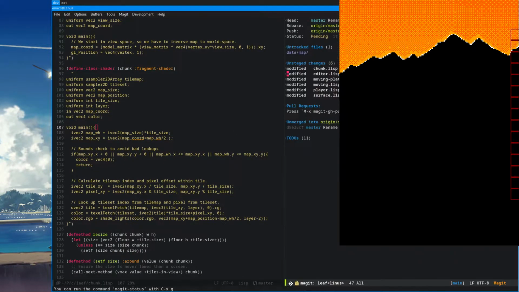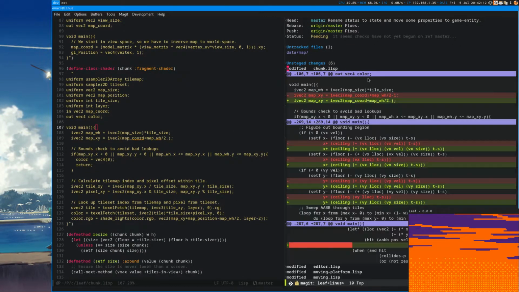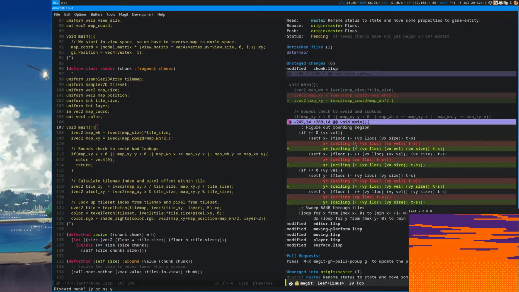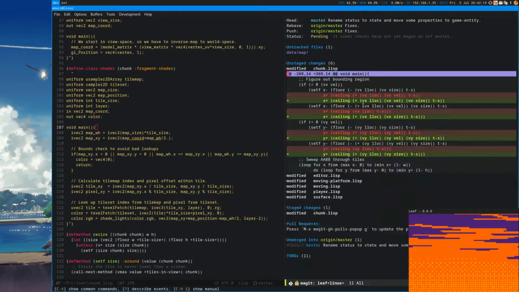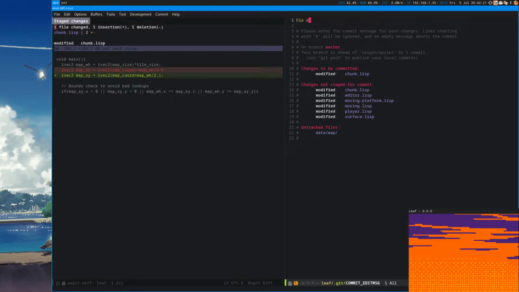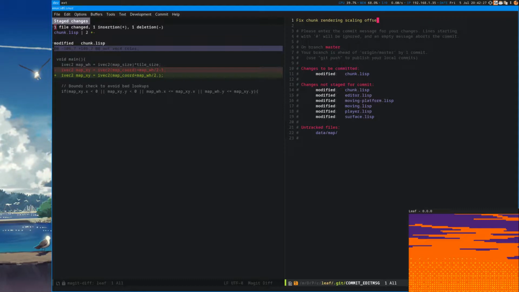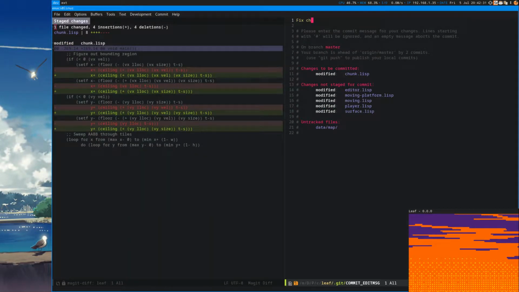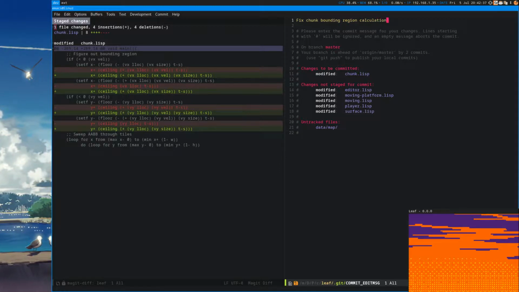Alright. Let's commit what I have so far. Fix chunk rendering scaling offset. Fix chunk bounding region calculation.